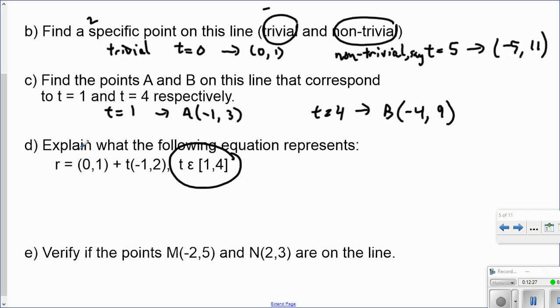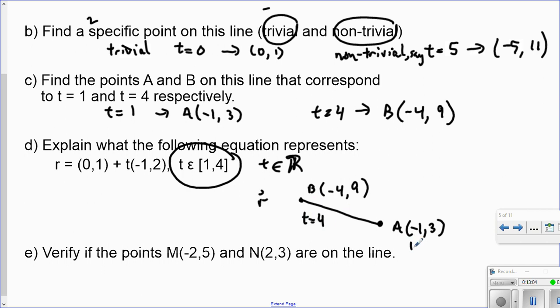So when I use my vector equation, rather than t being an element of all the real numbers, which gives a solid straight line, if I set my parameter to specific values, t between 1 and 4, this vector equation is set between the points A, (-1, 3), and B, (-4, 9). And the corresponding values would be t equals 1 and t equals 4 here. Okay, so that explains what the following means.